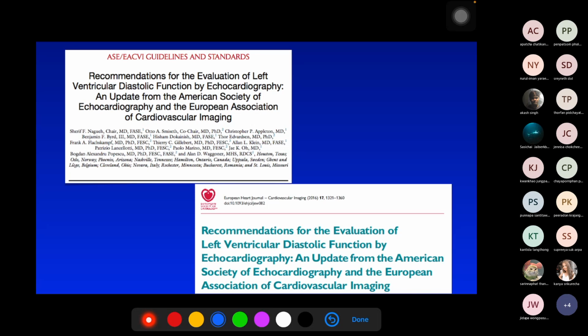The Doppler starts from the MV inflow imaging, tissue Doppler imaging, and harmonic flow Doppler, and the Tei index. For the Tei index, you just need to know briefly the concept of the formula, IVCT plus IVRT divided by the ET. When the patient has systolic dysfunction, IVCT is prolonged and ET is short. When the patient has diastolic dysfunction, both IVCT and IVRT are prolonged and ET is short.